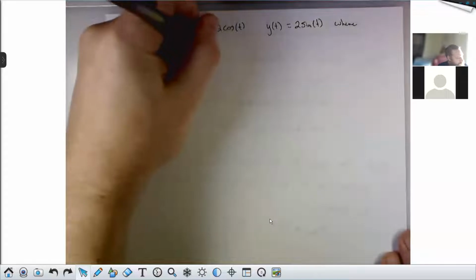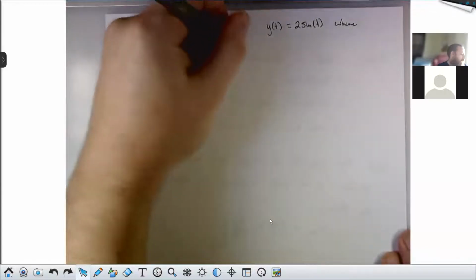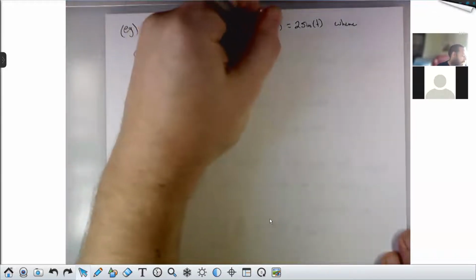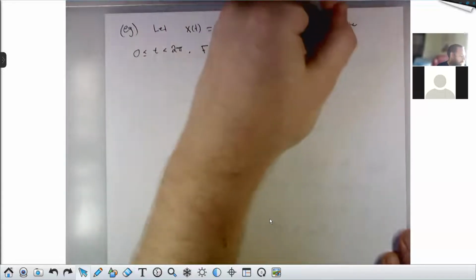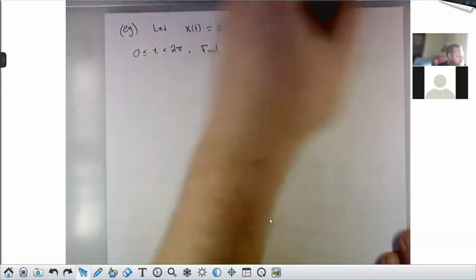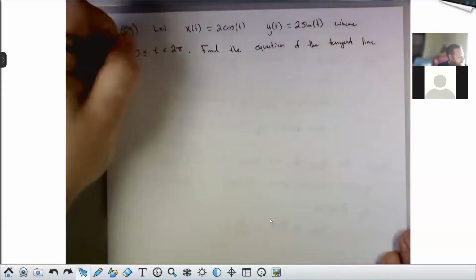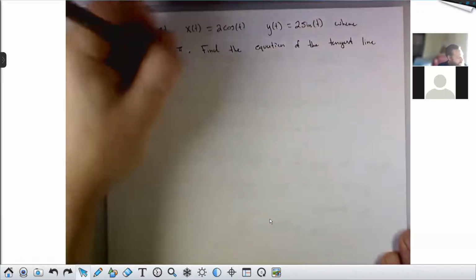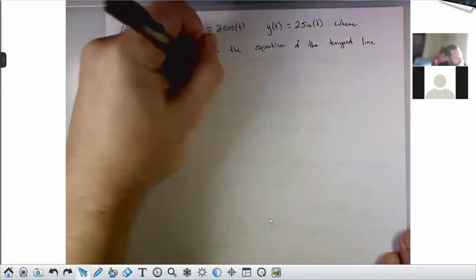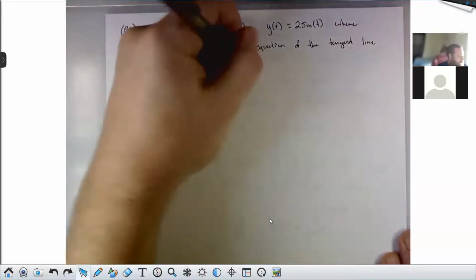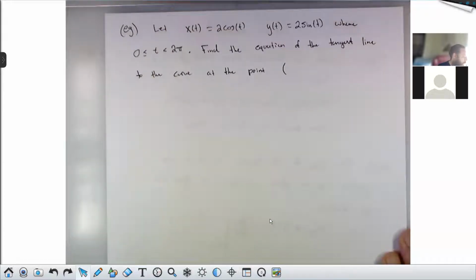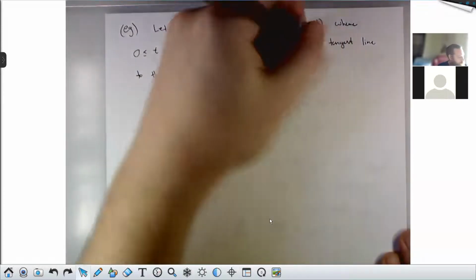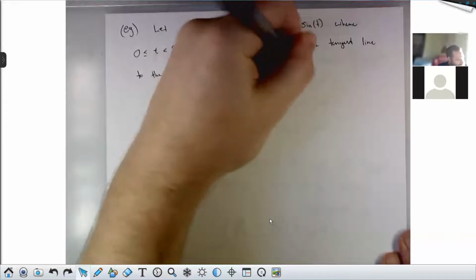And let's find the tangent line. So find the equation of the tangent line to the curve at the point. Let's do, we'll do root 2, comma, root 2.